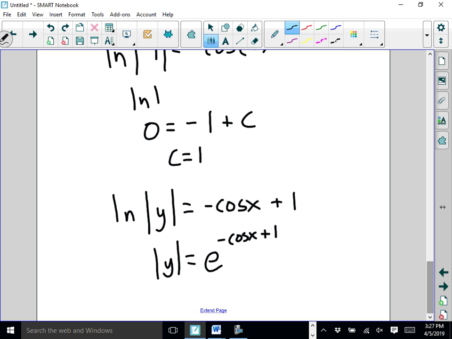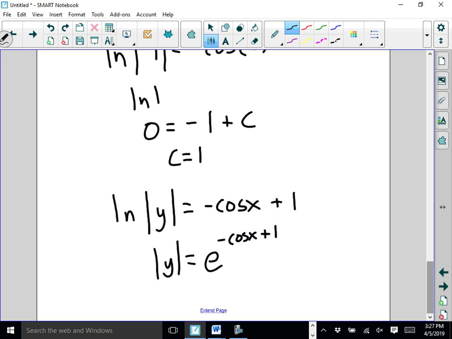Now, what do we do now? A lot of times students just drop the absolute value and they say y equals e to the negative cosine x plus 1. But let's see if we can do that. Here's the deal with absolute values: what's inside there could be plus or it could be minus.